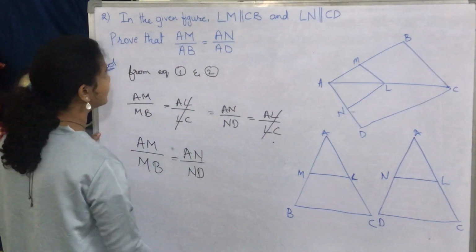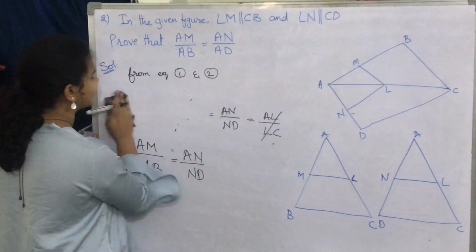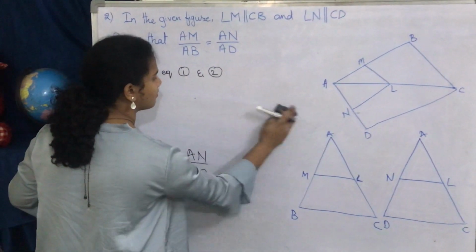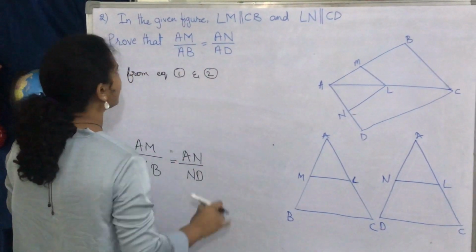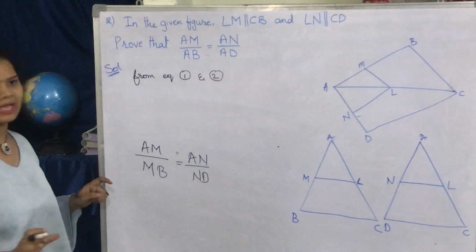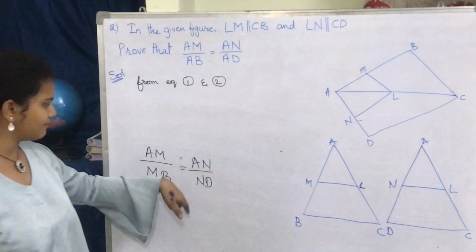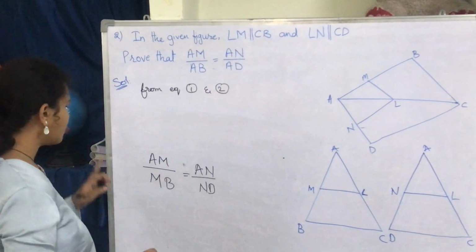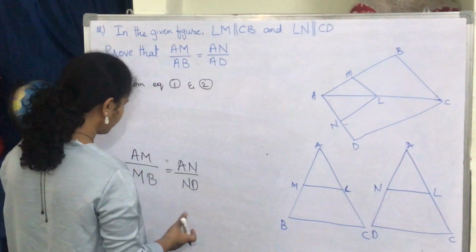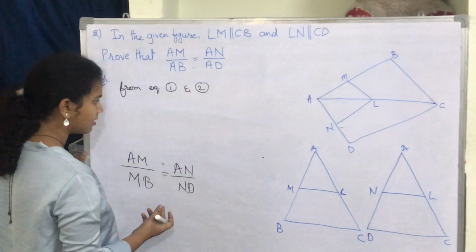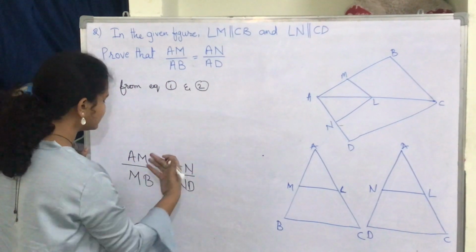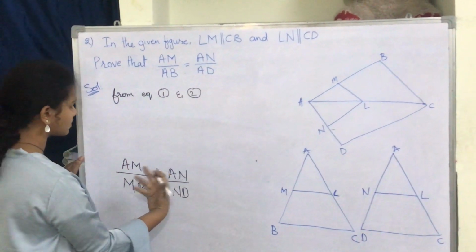Finally, I got this. But what is required to prove is AM by AB equals AN by AD. So I got AM by MB equals AN by ND, so this is not what is required to prove. So just take the reciprocal.